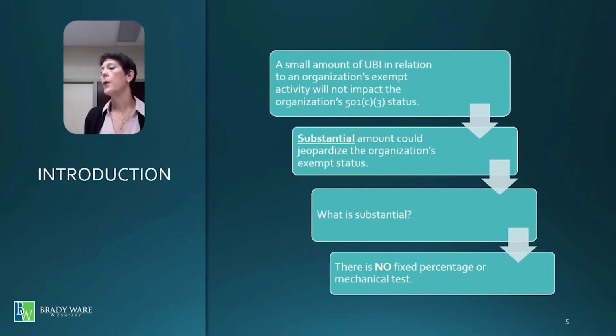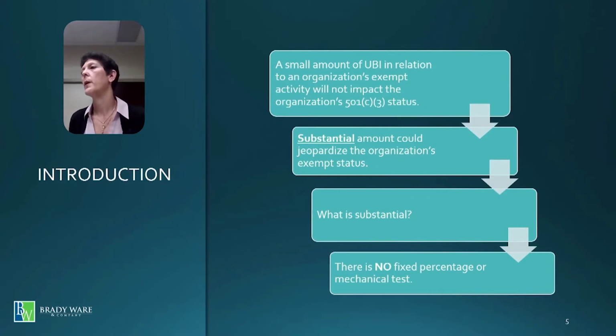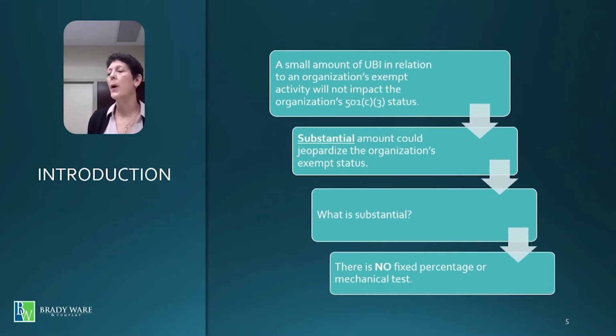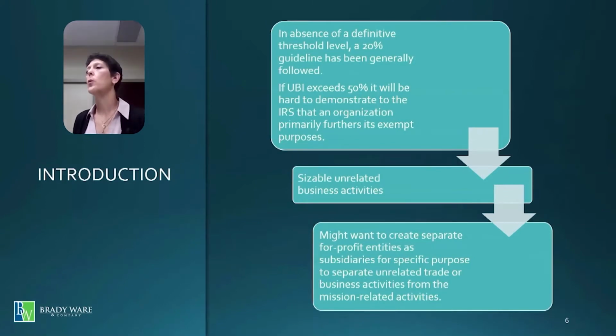So there's no fixed percentage of your nonprofit income or a mechanical test to determine what is substantial. Through the years, the IRS hasn't come out and said what they have determined, but from tax positions, some private rulings, and from audits that have occurred, the general rule is about 20%.